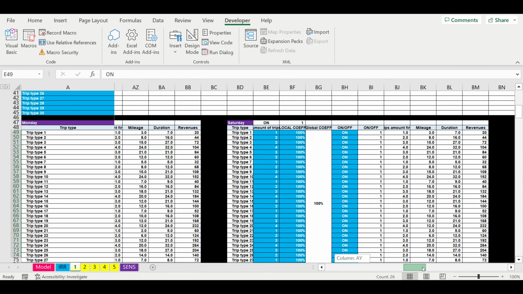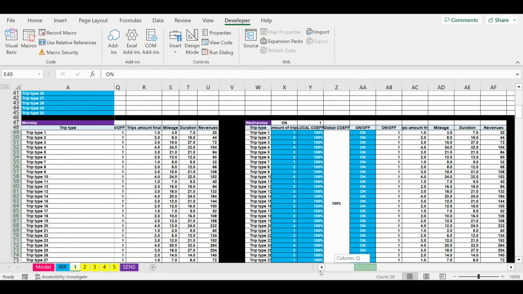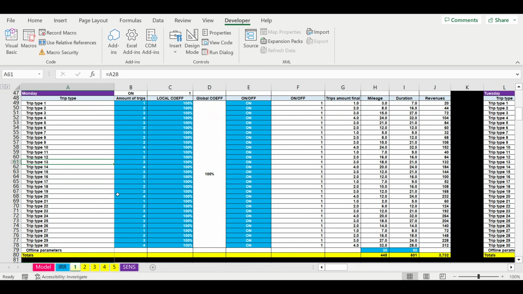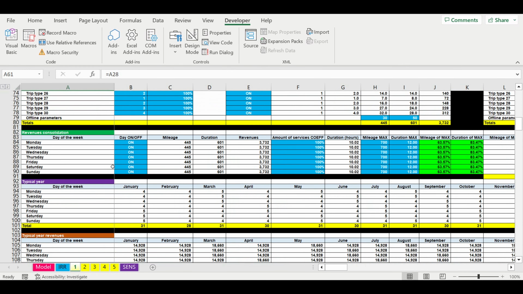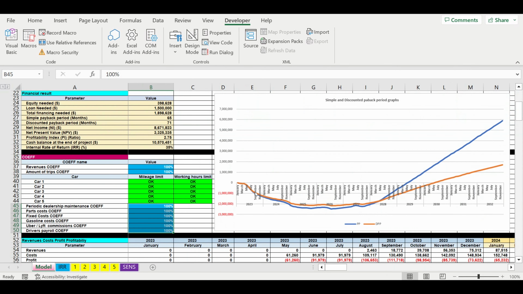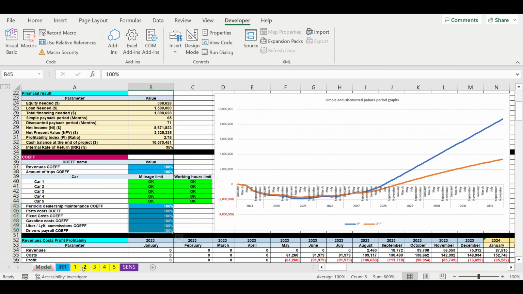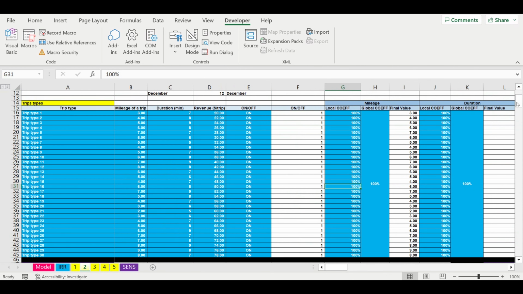And what we can do, for example, assume that the car will be working from Monday to Friday. So we will exclude Saturday and Sunday from calculations. We can go to car number 2.